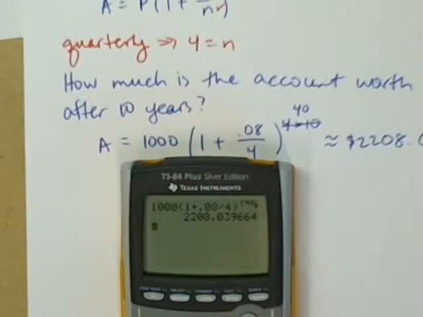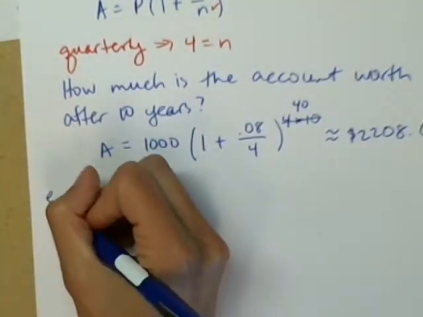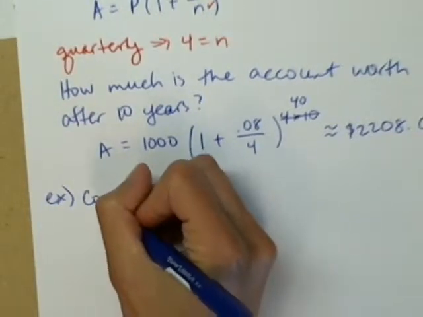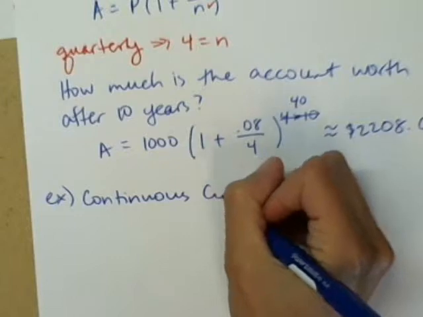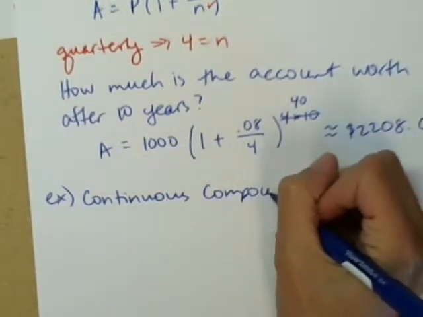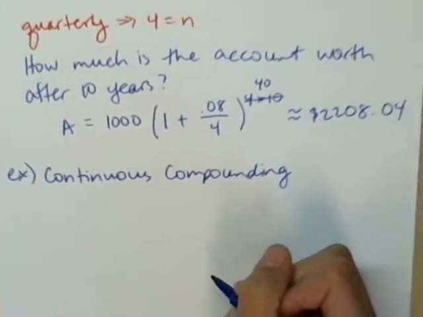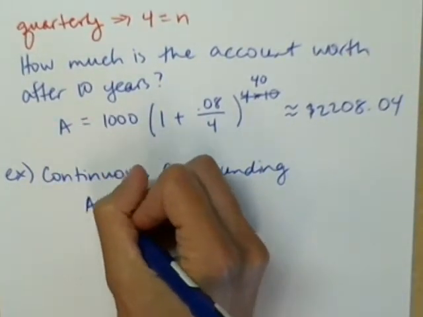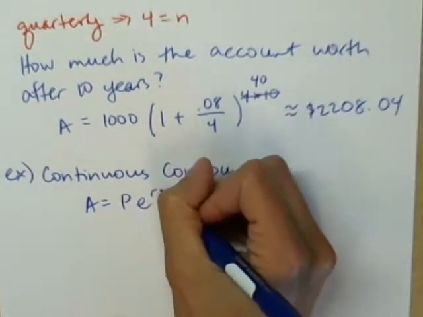We also have something called continuous compounding. So we want to do an example with continuous compounding. So next example is with continuous compounding. I'm actually going to do the same example. With continuous compounding, we're going to use that base e, and our formula becomes this. A, so the same account, equals P, which is my principal, e to the RT.